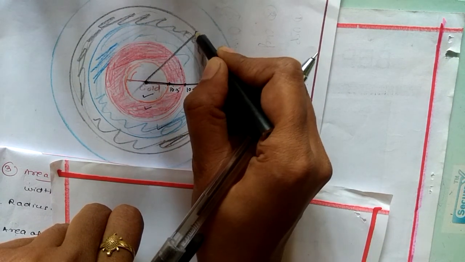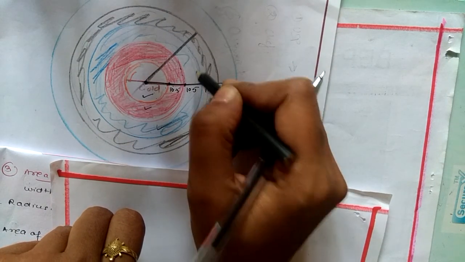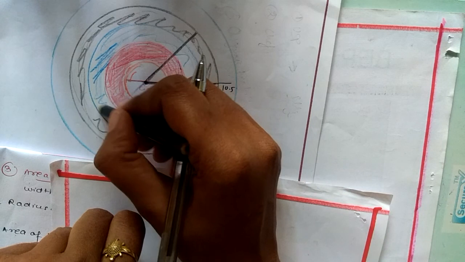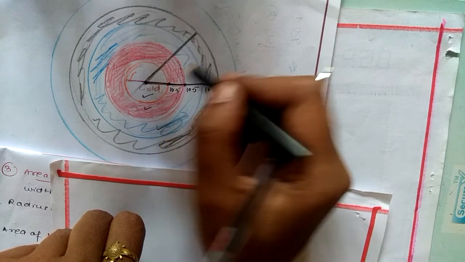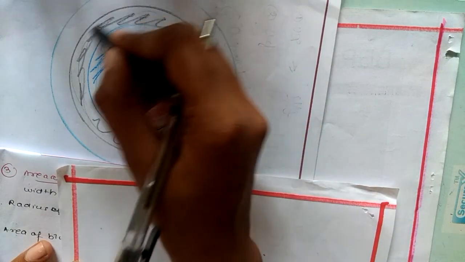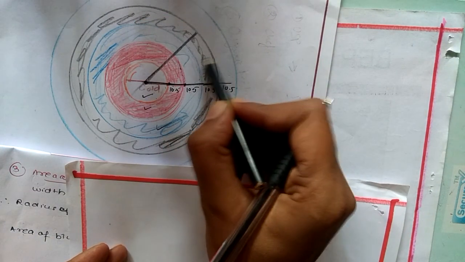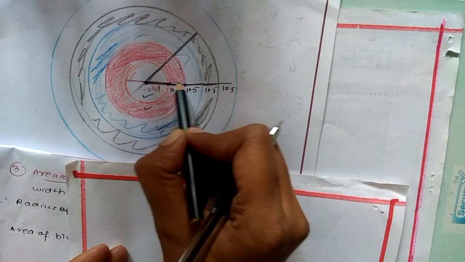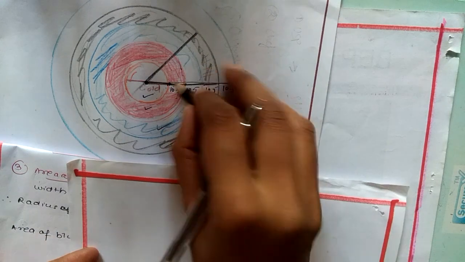So find the area of the black circle, then subtract the area up to the blue circle. That blue circle area we have calculated, that we will subtract. But before that we have to find out the area of this black circle. Black circle doesn't mean only this part. So from the center we have to consider this area and even the radius.